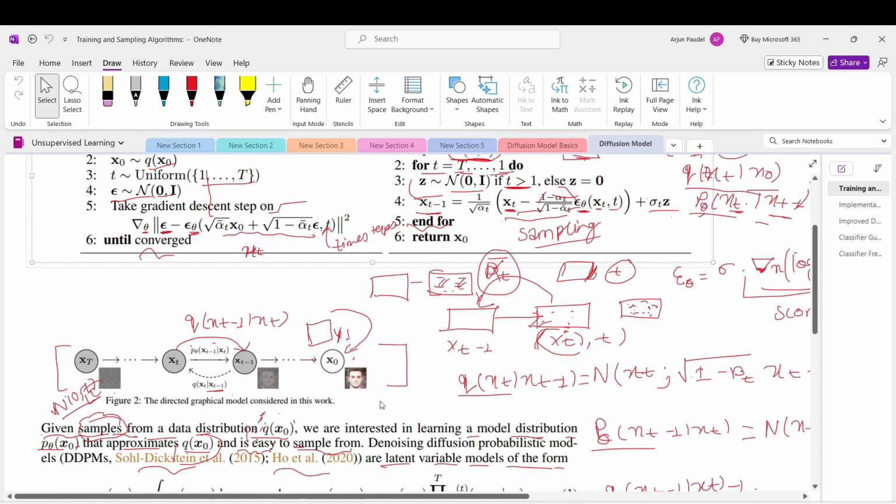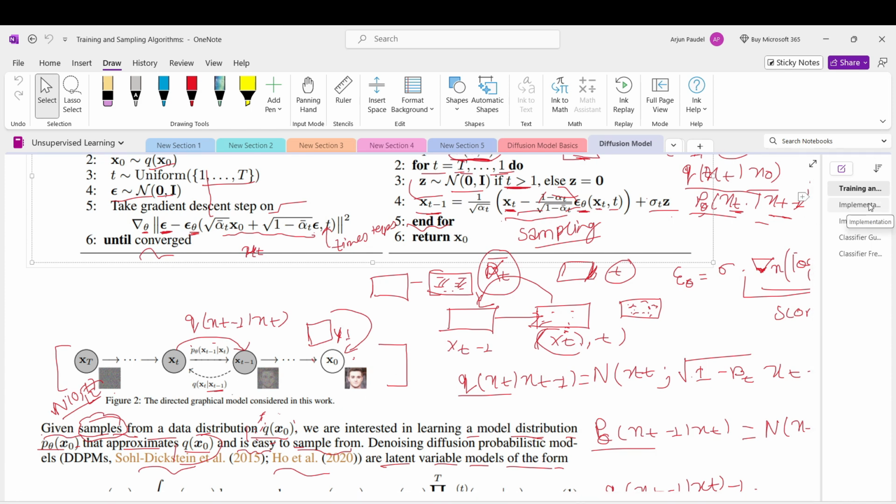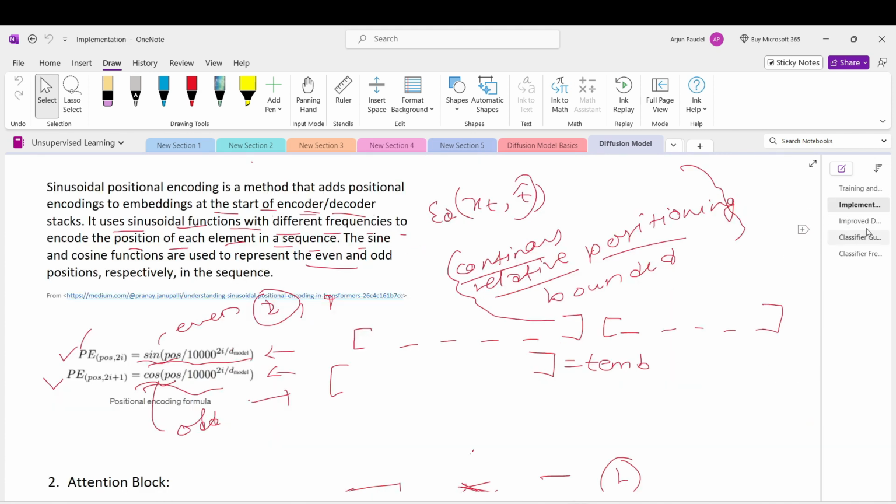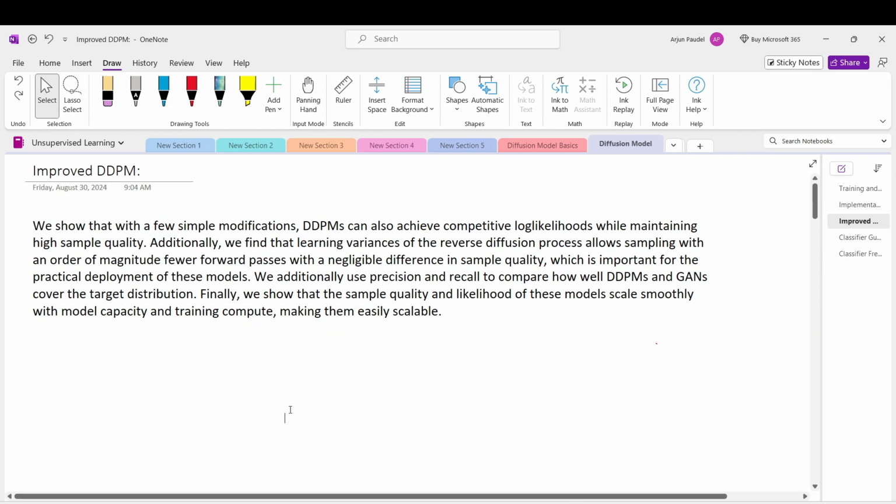We have to iteratively remove the noise, many times, to get an image which falls in the distribution q(x), which is the real distribution of the images on which our data lives.